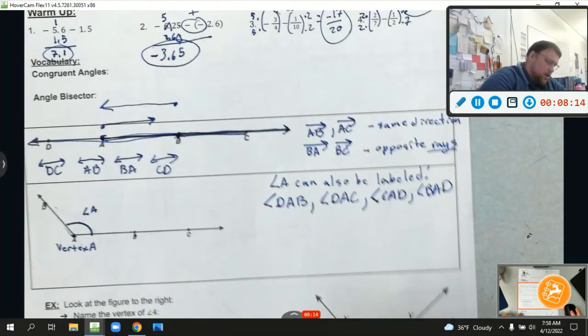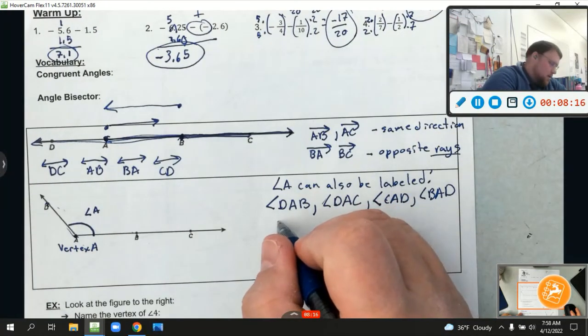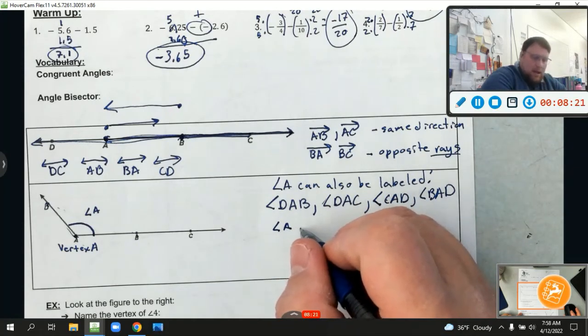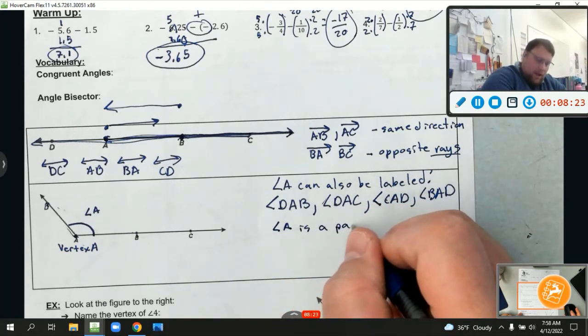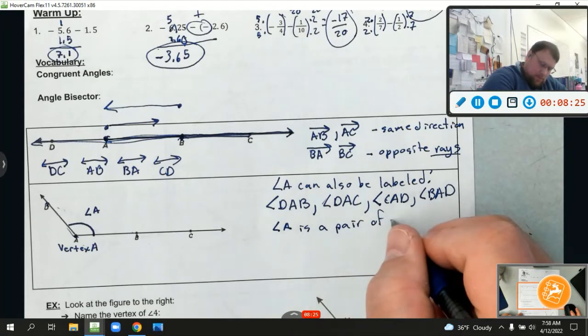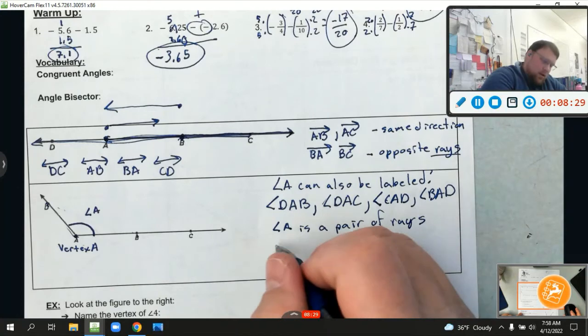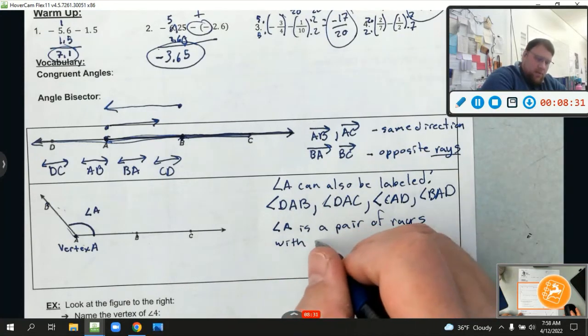And what else do we know? Angle A is a pair of rays with a common endpoint.